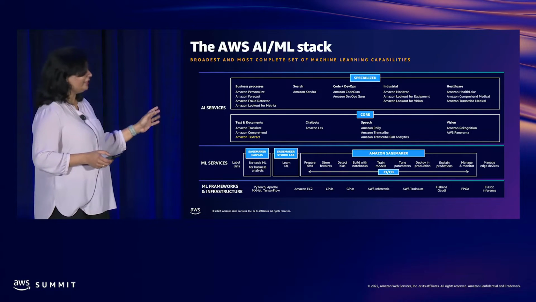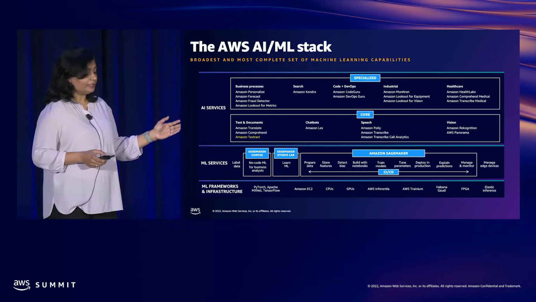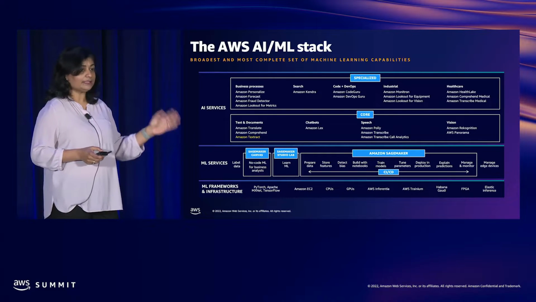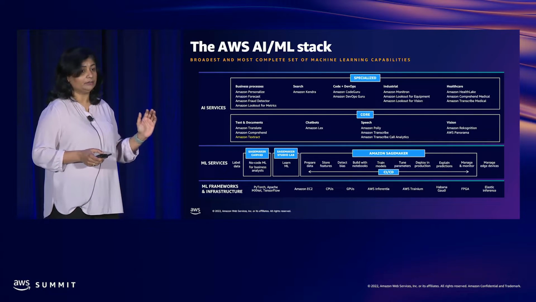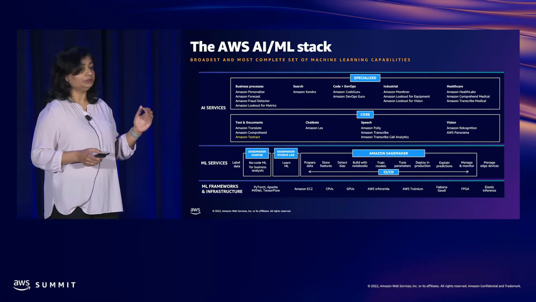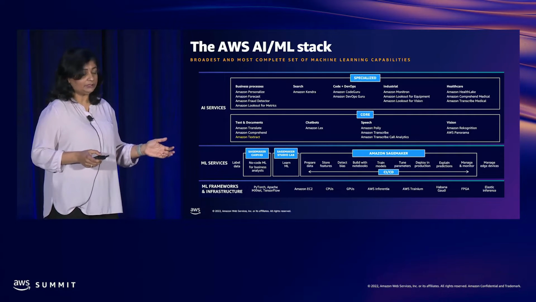The bottommost layer is called the ML frameworks and the infrastructure layer. This is built for the great experts who want to delve into the machine learning frameworks, and they want to leverage, say, Amazon SageMaker in building these, or use AWS deep learning AMIs.